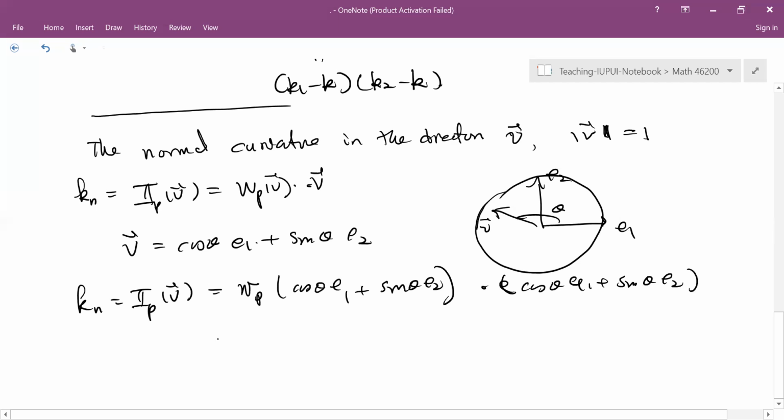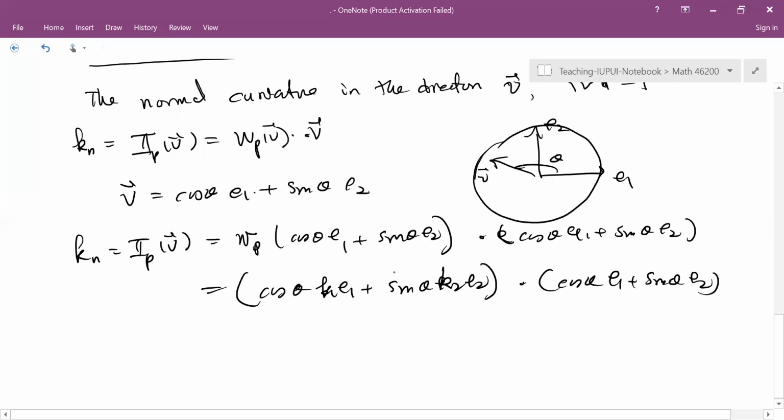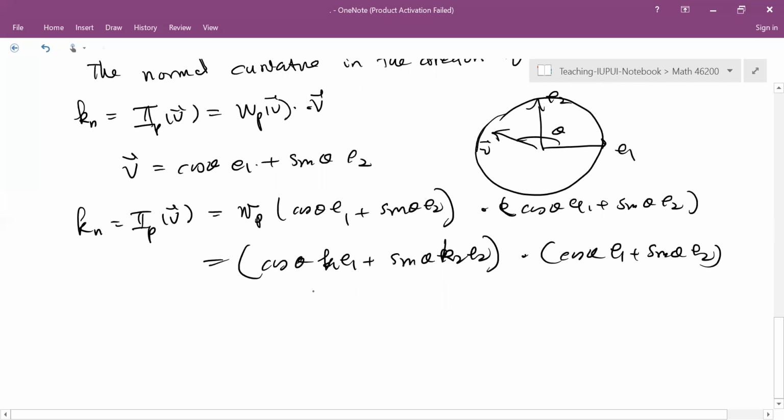Since this is a linear map, it gives cosine theta K1 E1 plus sine theta K2 E2, then dot product with cosine theta E1 plus sine theta E2. E1 dot E2 is 0, so you get K1 cosine square theta plus K2 sine square theta.